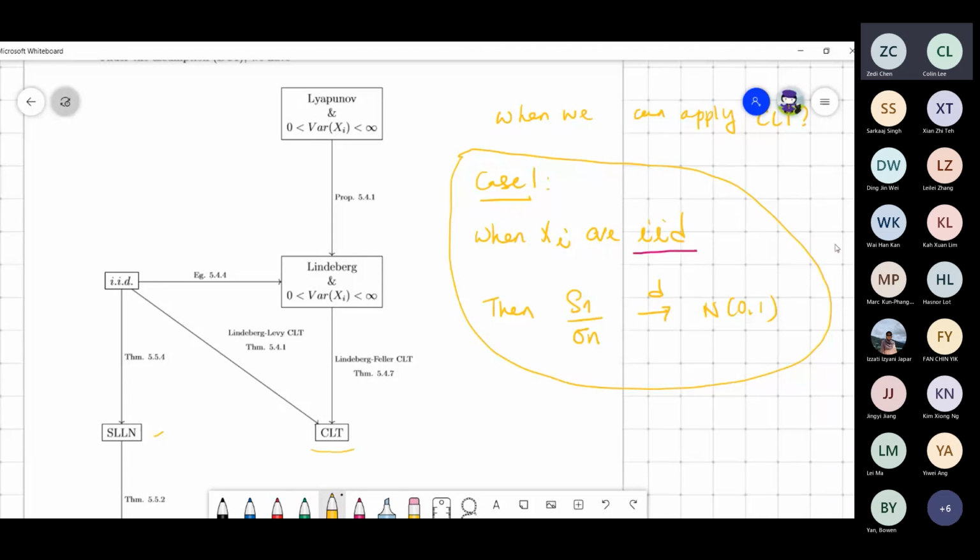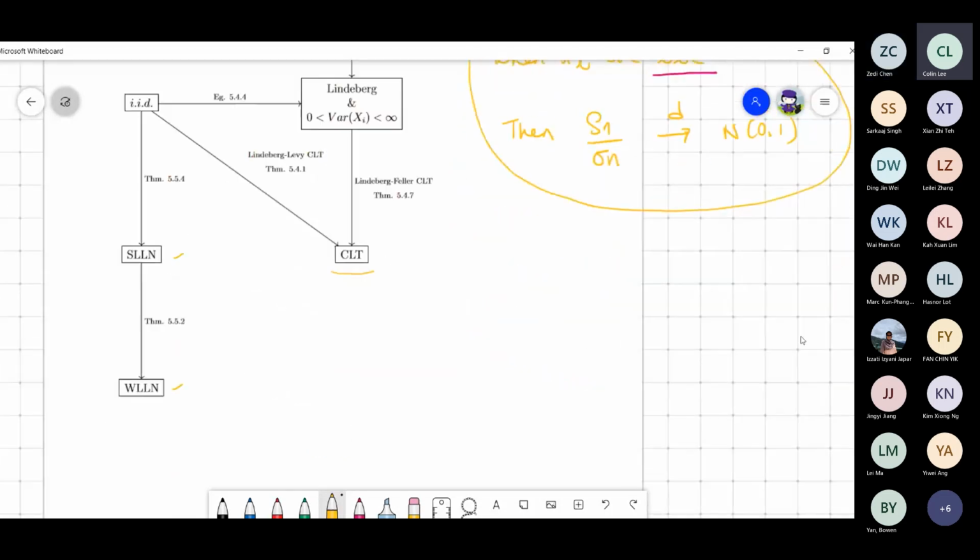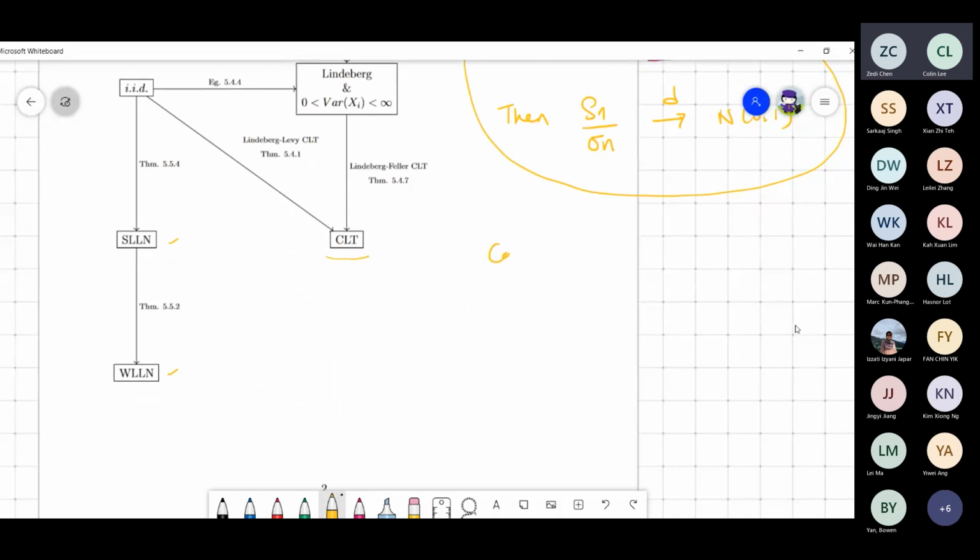Similarly, the second case. Case two, when Xi satisfies the Lindeberg condition, but might not have the same distributions, then we also have this.